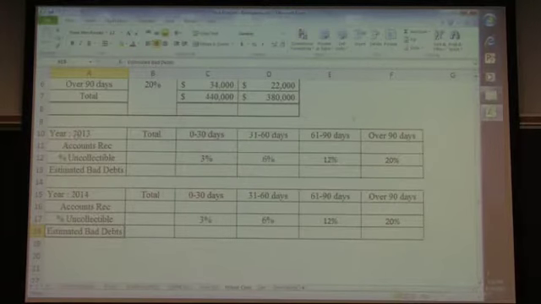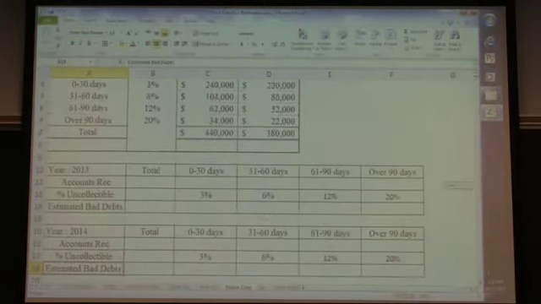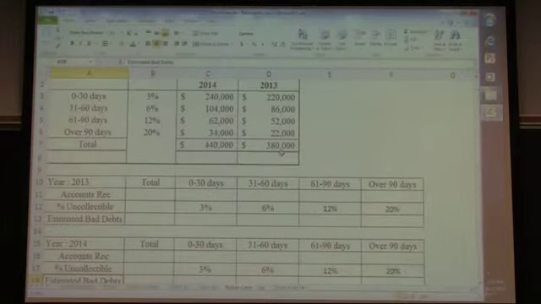So I'm restating my aging schedule in a slightly different way. I put all the aging buckets on the top, and the calculation at the bottom. Let's start with 2013. My total receivable is $380,000, but these are the aging buckets I should put into my receivables. So I'm just going to put these numbers in here.